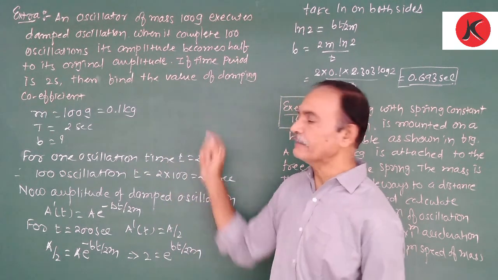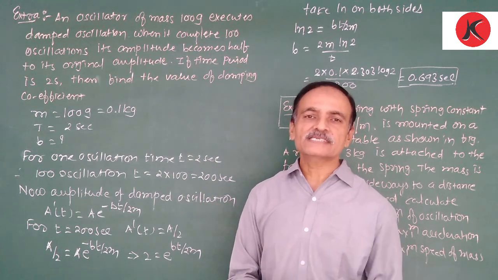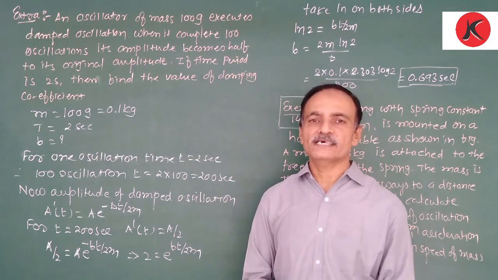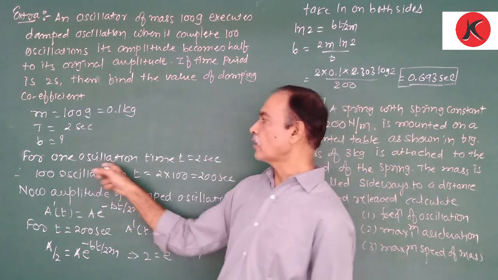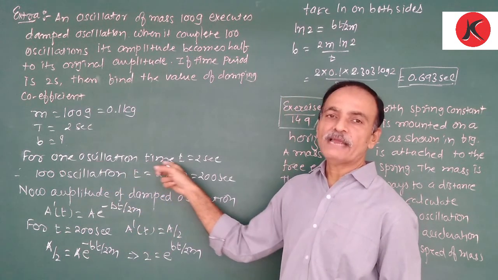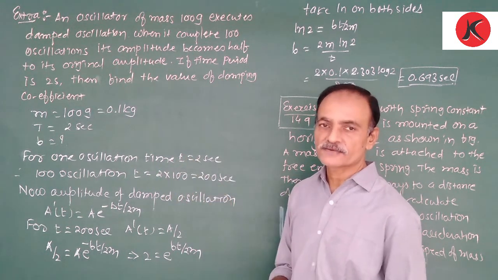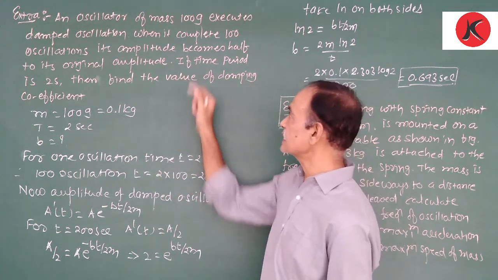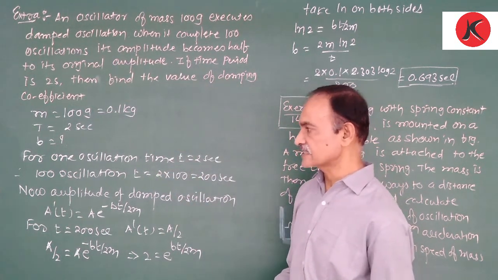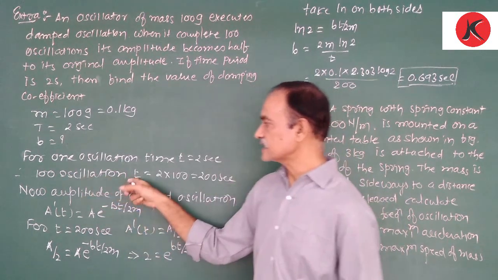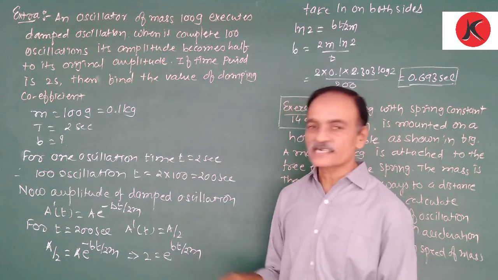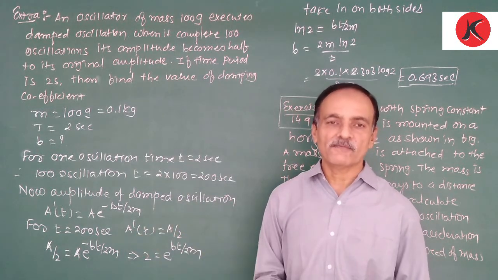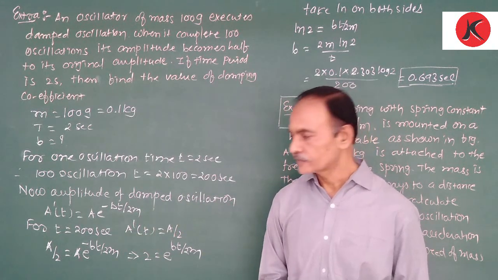Here the periodic time is given, that means the time taken by the oscillator to complete one oscillation. For one oscillation, time taken is 2 seconds. How many oscillations are given? 100 oscillations. Therefore, for 100 oscillations, time t is equal to 200 seconds. So in 200 seconds, the amplitude becomes half of its original value.